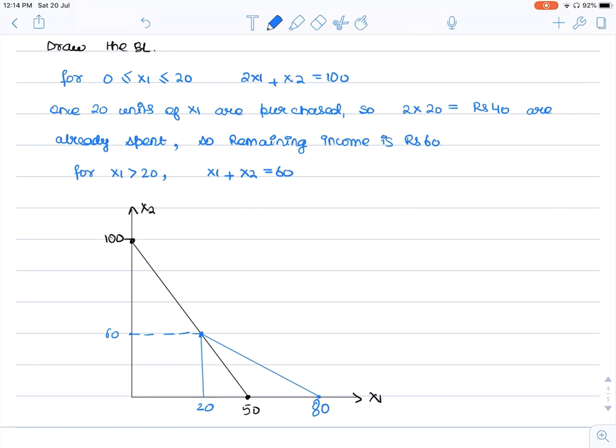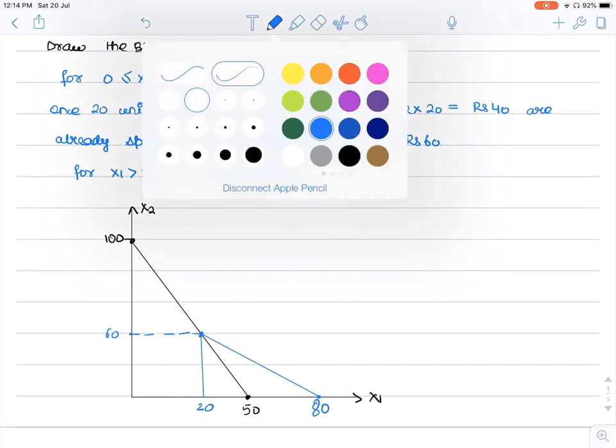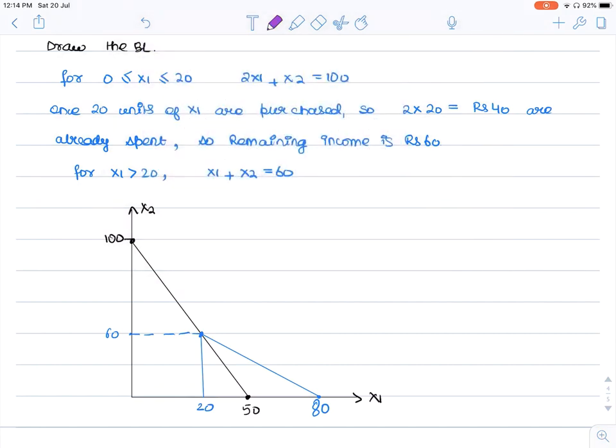I can go on till 80 units of X1, because after this point, you have just 60 rupees with you. If you put X1 as 0, you can buy X2 as 60. Or if you put X2 as 0, X1 could be 60 more, since you were already buying 20 units. If you spend your entire income on X1, you can buy 60 more units, which means 80 units.